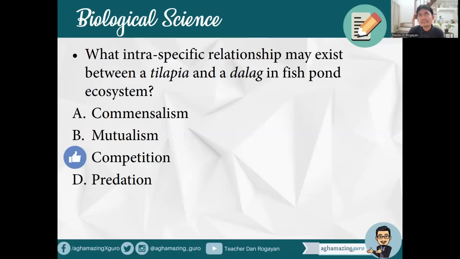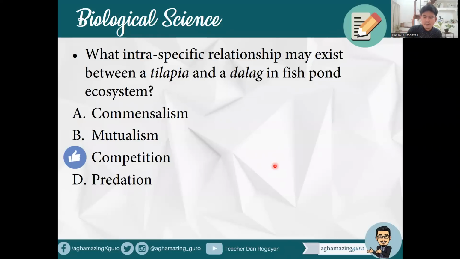Paano naman kapag, for example, rattlesnake and tiger? Rattlesnake and tiger. Two different types of species or organisms, that is interspecific competition. Pag intra, pareho. No? So in this case kasi, both fish species, kaya siya intraspecific, tilapia and dalag.